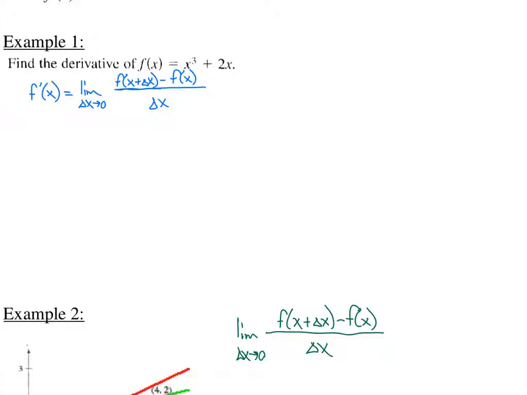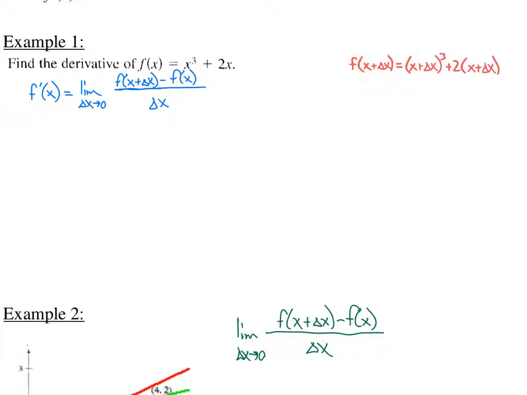So over here, I'm going to find f of x plus delta x. And that's going to be x cubed, so now it's x plus delta x cubed plus 2 times x plus delta x.